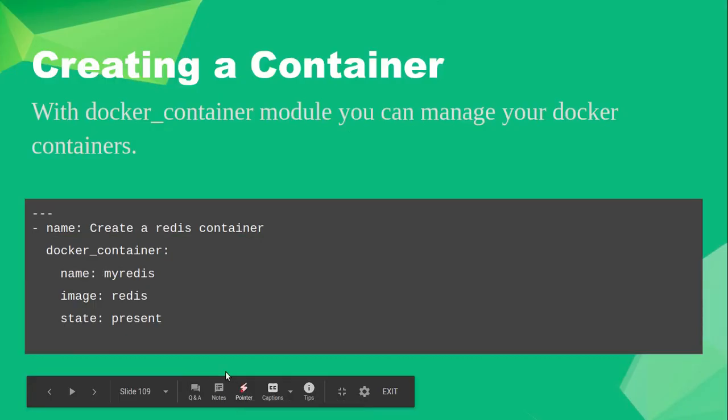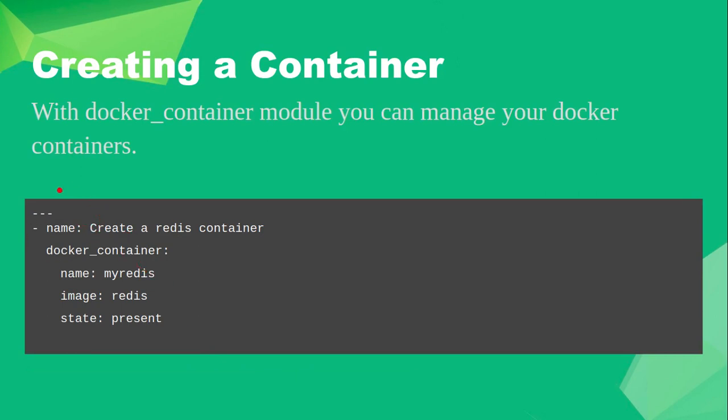If you see closely, what we are doing here is in a task. This is our one task. The name of the task is create a Redis container. We want to create a Redis container, and this is the module name. The name of the module is Docker container, which we already discussed.